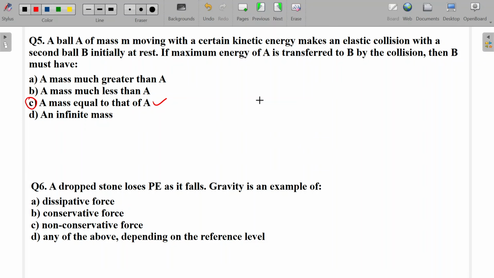Gravity is an example of which type of force? Yes, it's a conservative force. Okay.